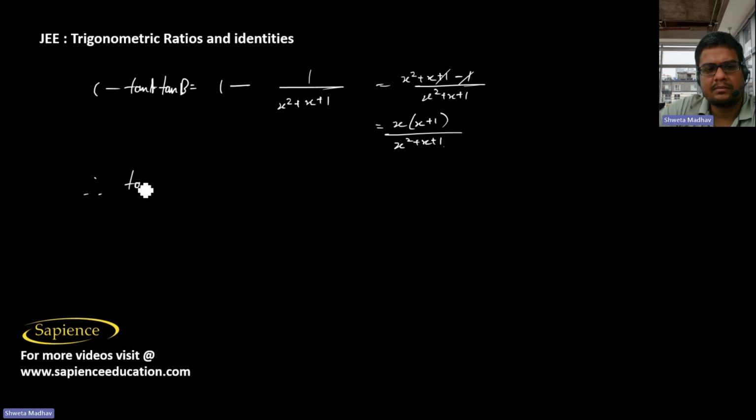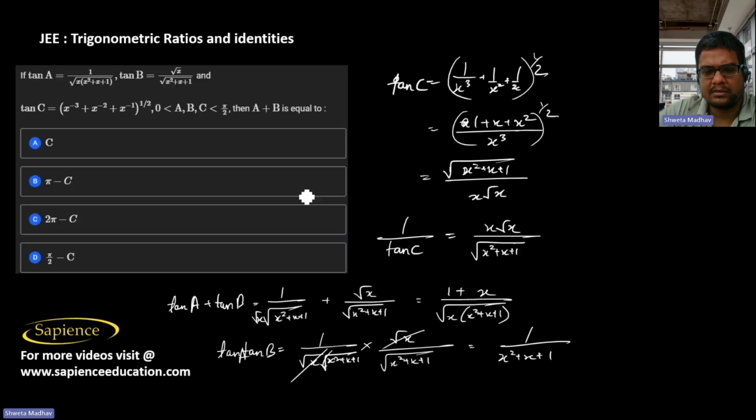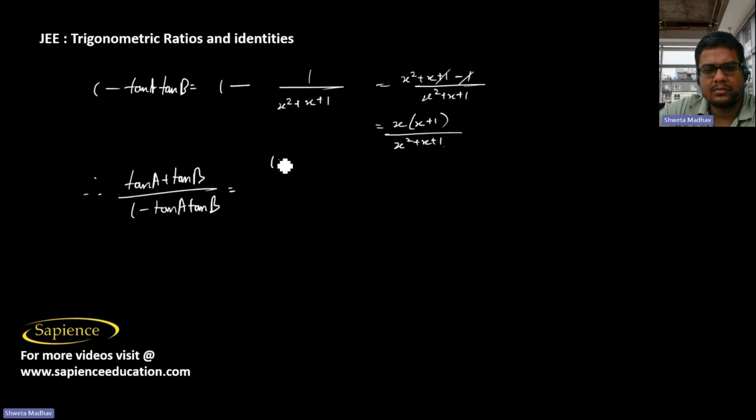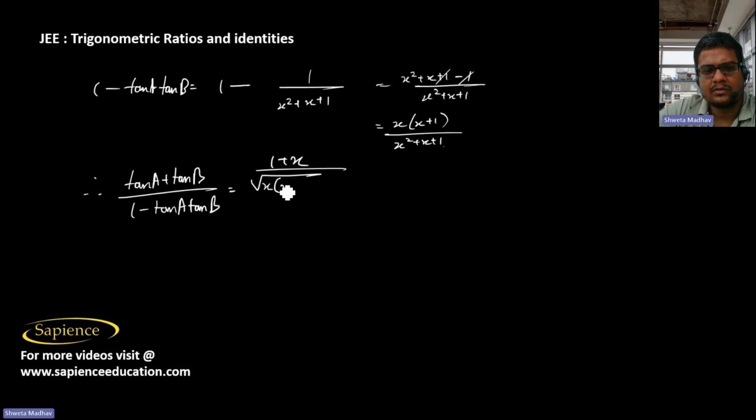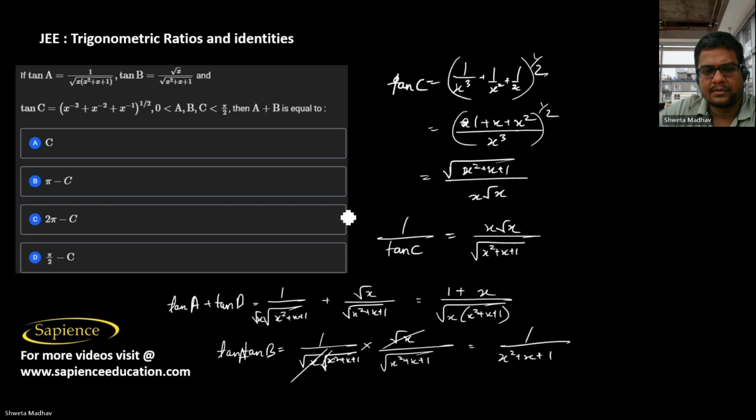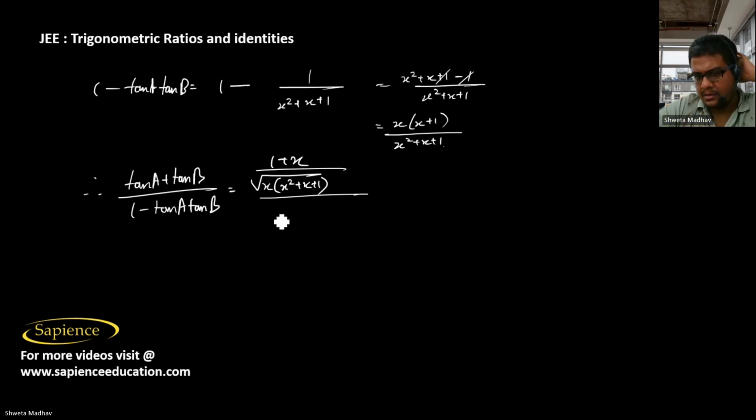Now therefore tan A plus tan B by 1 minus tan A tan B. If we do this, then we will get tan A plus tan B, that is (1 plus x) by root over x into (x square plus x plus 1), divided by this, which is x into (x plus 1) by (x square plus x plus 1).